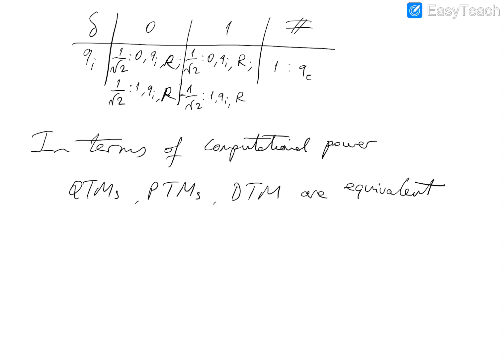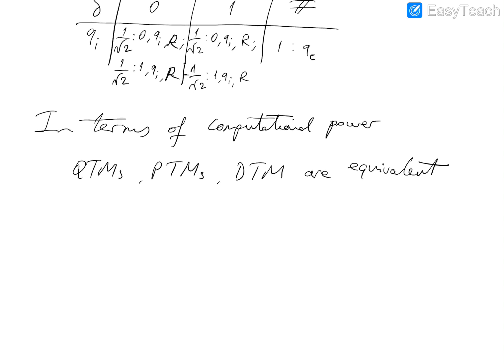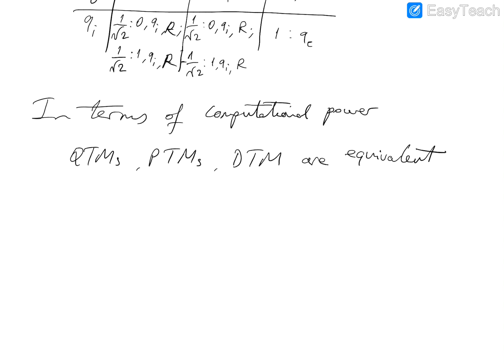All right, so one last thing I'd like to note is the existence of a universal quantum Turing machine. So we say that a Turing machine is universal if it can simulate the computation of any given Turing machine on any given input. Okay, and so we know that a universal Turing machine exists.